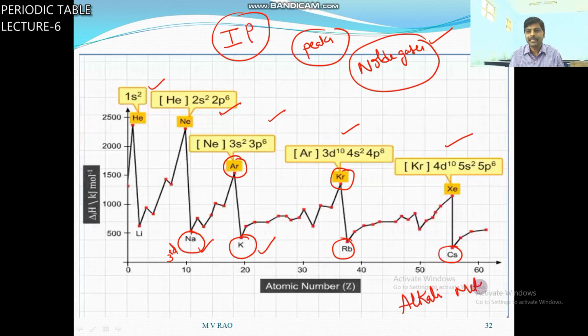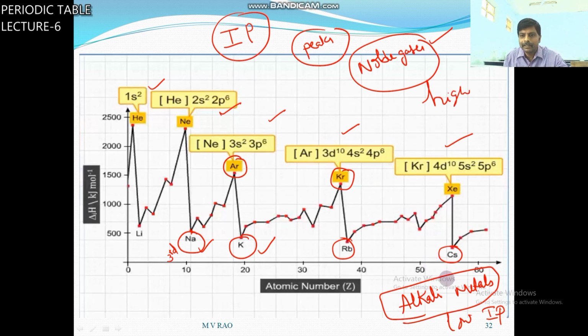That means in the entire periodic table, the elements with low IP values are alkali metals, and the elements with high IP values are noble gases.